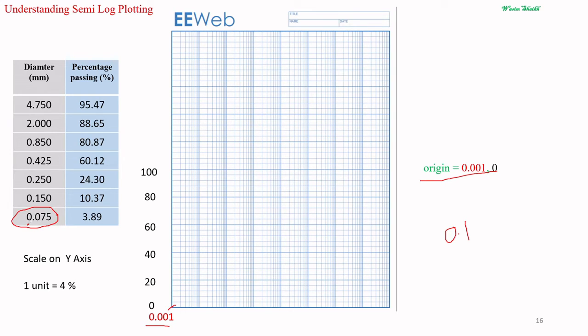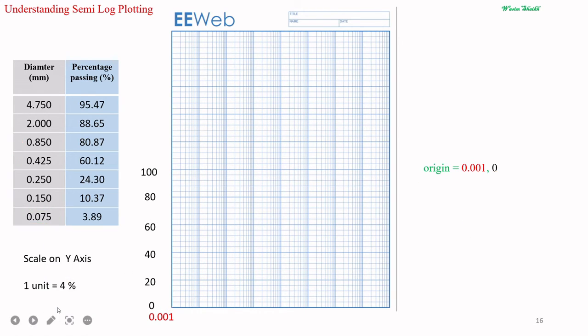If I take the value 1, I will not be able to plot all of these values. So that's why I have taken 0.001, so that I can plot 0.075 somewhere over here. So when you decide the origin on the x-axis, it should always be less than the smallest value that you have over here.